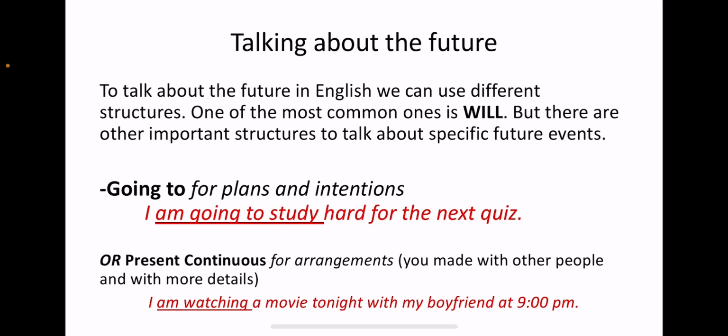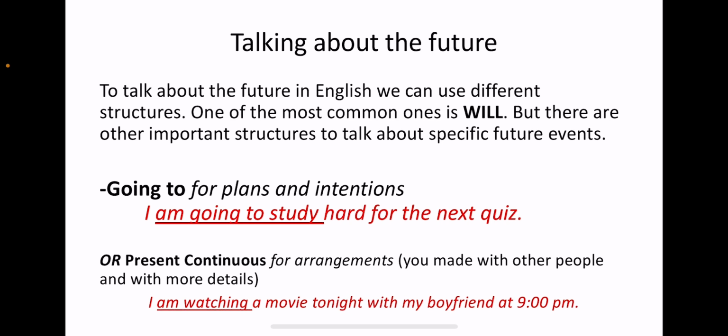We use the present continuous for arrangements or plans that we made with other people and that have more details. For example, I'm watching a movie tonight with my boyfriend at 9. So I have this plan and my boyfriend knows about this plan, and we have discussed what movie we're going to watch, what time, probably what we're going to have for dinner, etc.